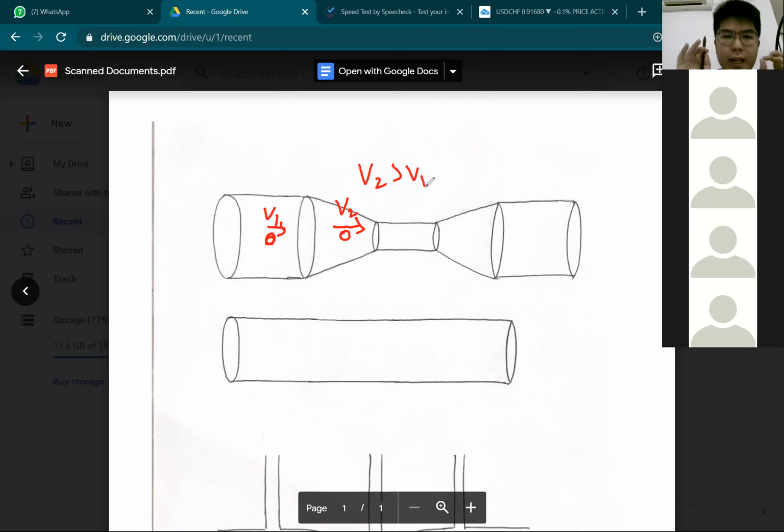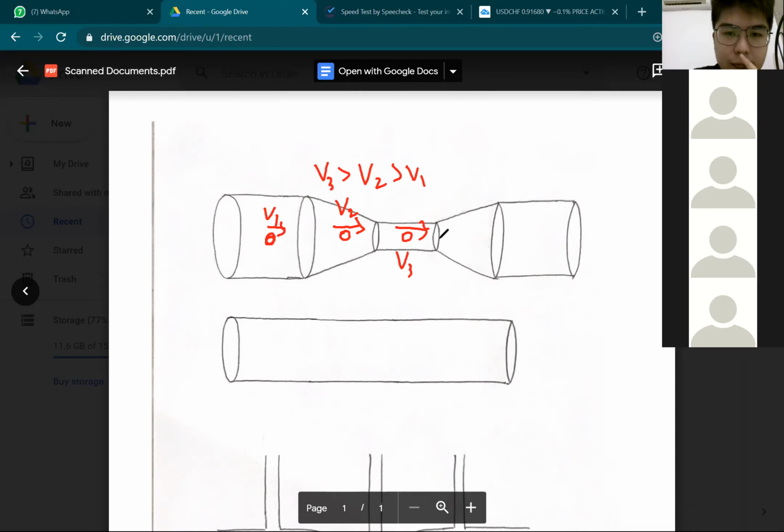As it continues to flow forward and enters this narrow section, the velocity will increase further. So V3 is bigger than V2 and V1. The flow will speed up.